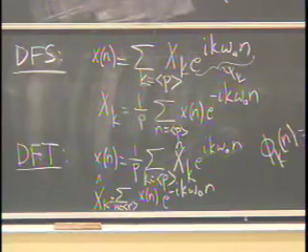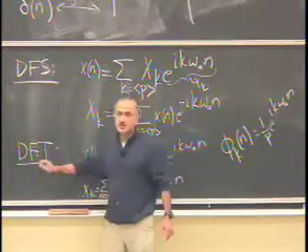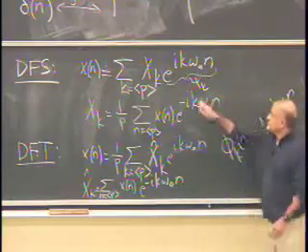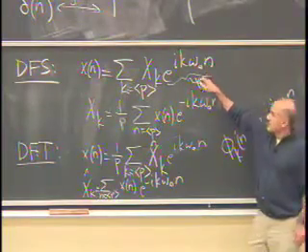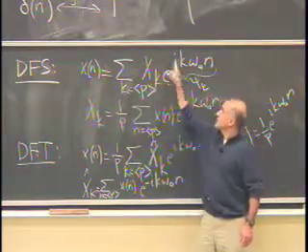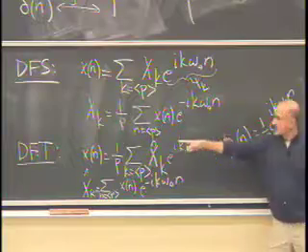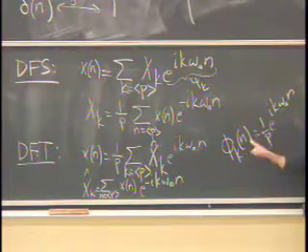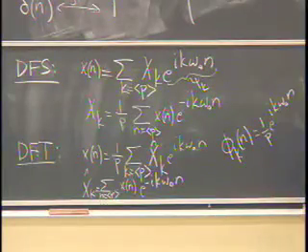But we don't talk a whole lot about the DFT in this class. When you take 123, that's the form they use, because this is much easier to teach. It's much easier for me to say x is a linear combination of a bunch of complex exponentials than to say x is a linear combination of complex exponentials multiplied by 1 over p, and everybody will wonder, what the heck is that 1 over p doing there? That's why we start with the DFS in this class.